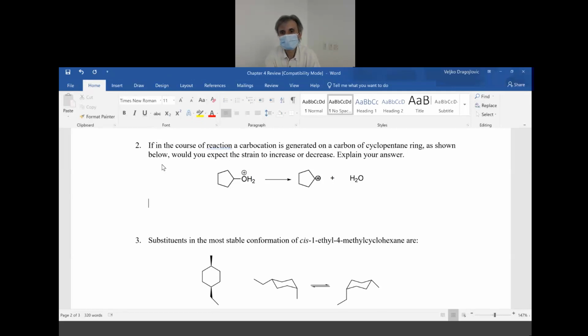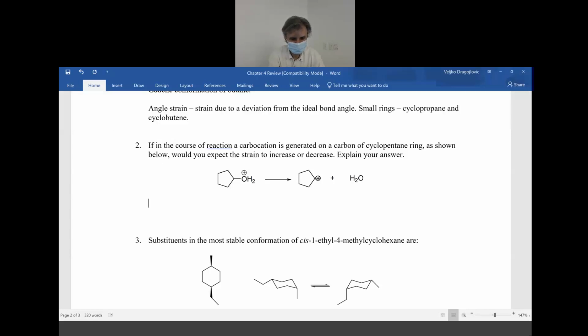We can identify two types of strain in cyclopentane: angle strain and torsional strain. Angle strain is easier to deal with because for a molecule of cyclopentane, what you would do is make a model.